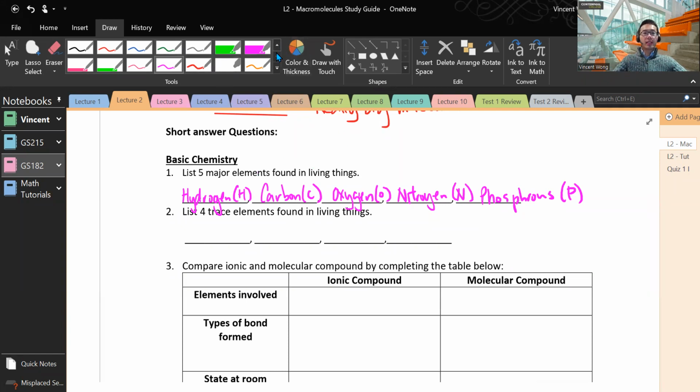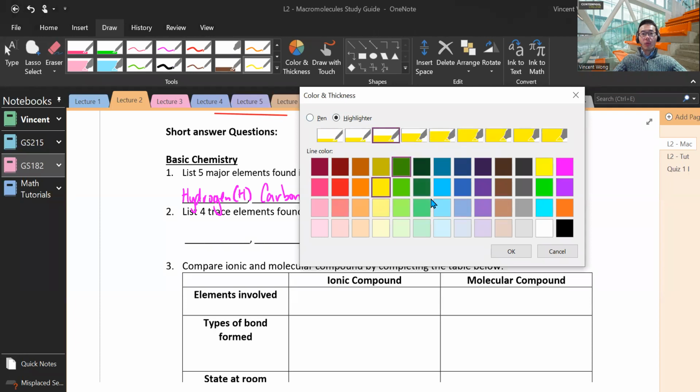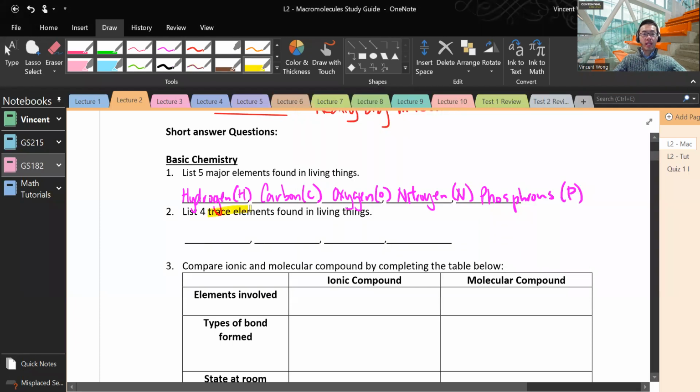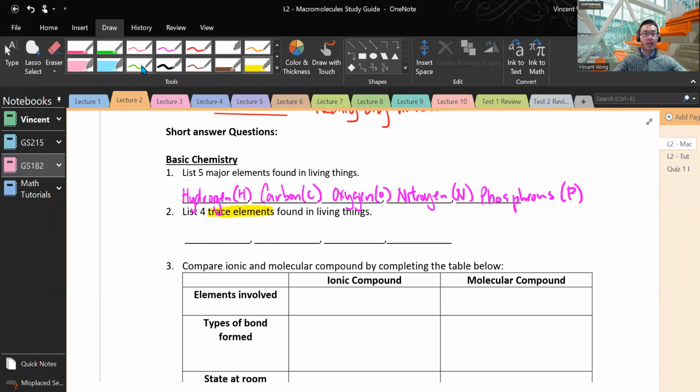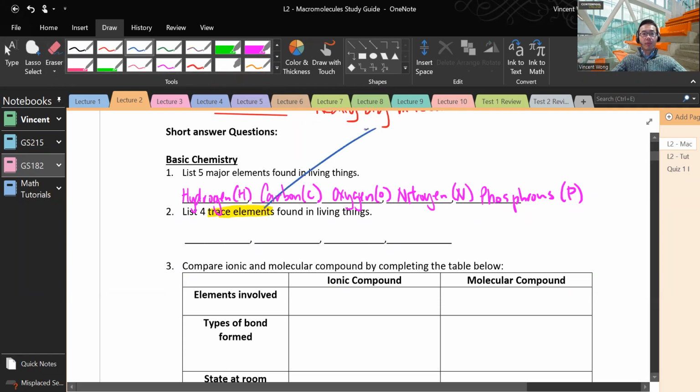Okay, so in addition to all these major elements, we also have what we call trace elements. So what are trace elements? These are basically elements that are needed in small quantity.